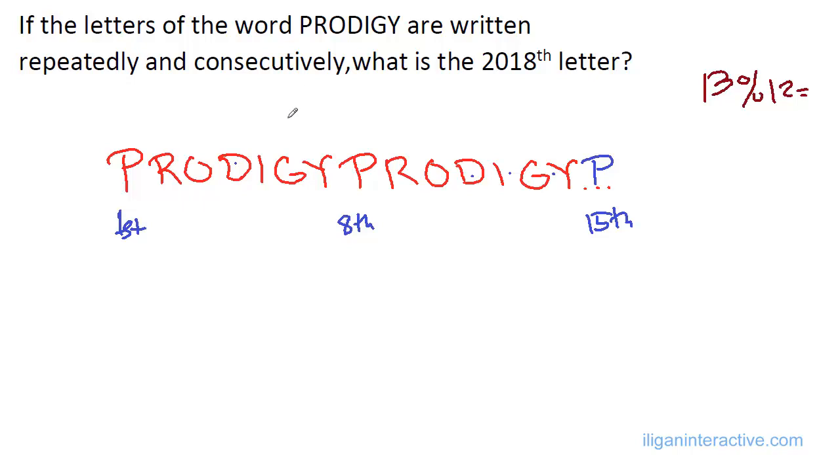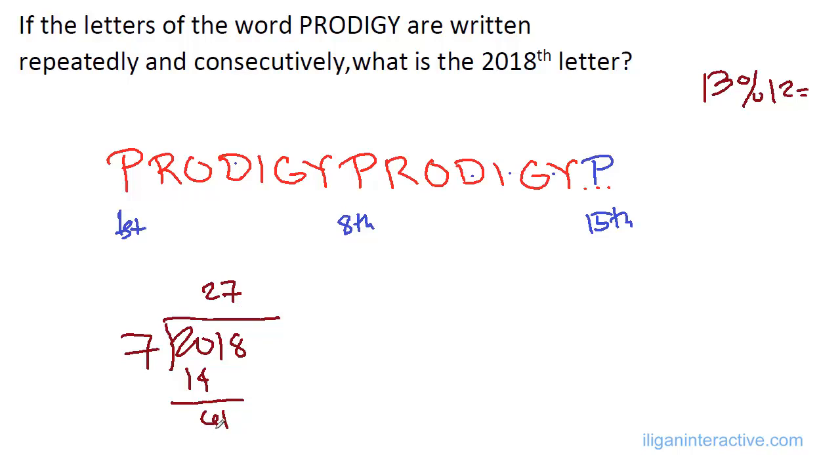For example, 2018, this is what we will do. 2018 divided by 7. What do we get? 2018 divided by 7. This will be a 2, then a 4, then a 61. 7 times 8 is 56.